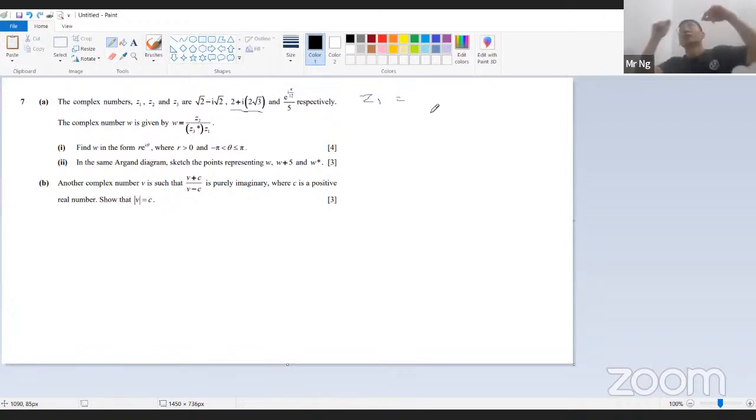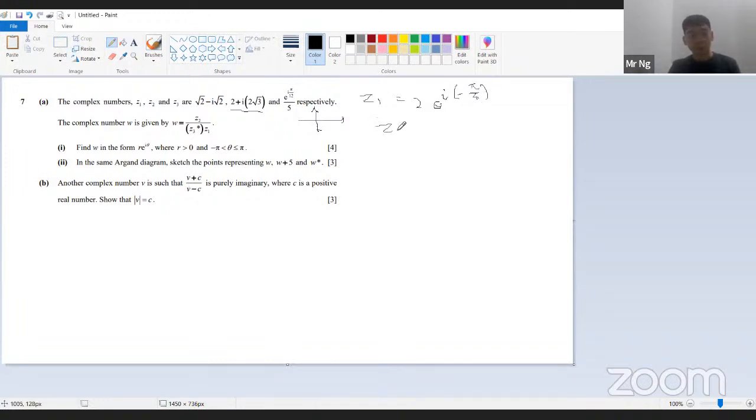Square root 2, square root 2, so become 2, 2, so 2 plus 2, square root, so it's 2. And after that, exponential. Think about where in the Argand diagram this is. Positive and negative, so it's gonna be in the fourth quadrant. So e to the i, and the height and the breadth are the same, so it's gonna form a 45 degree. So minus pi over 4.